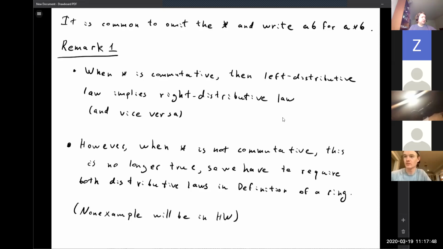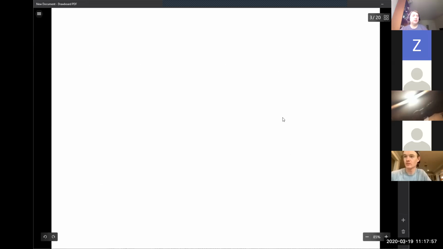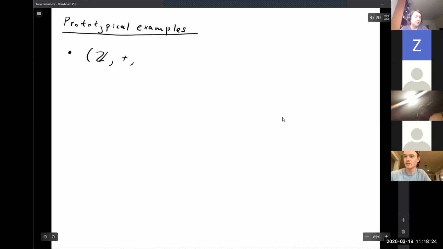Okay, so any questions so far about the definition? Now I assume that all of you are well familiar with the idea of the ring, and that's because the prototypical examples of a ring are rings of numbers. So first of all, if we look at the set of integers together with the binary operations plus and times, this is a ring.